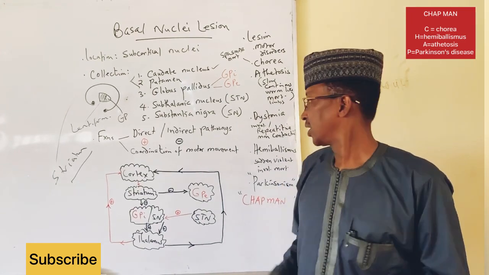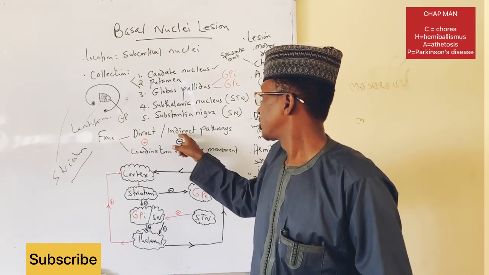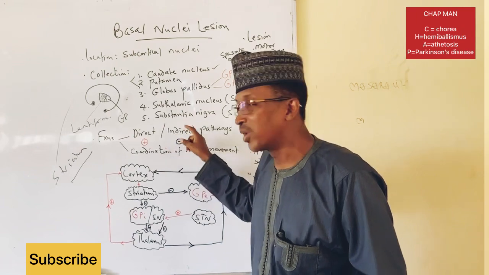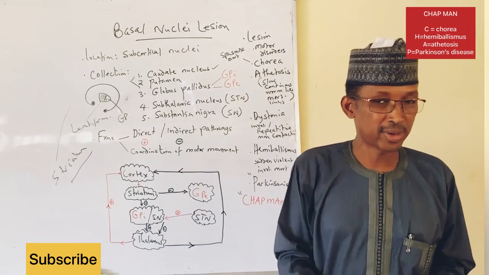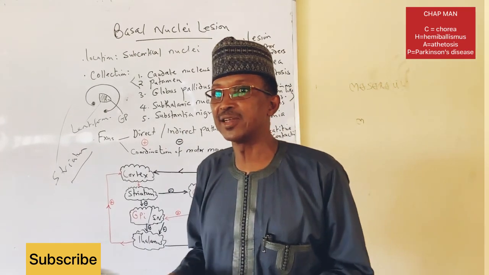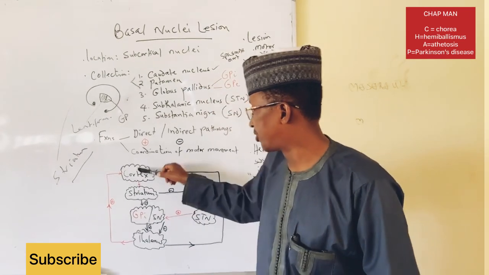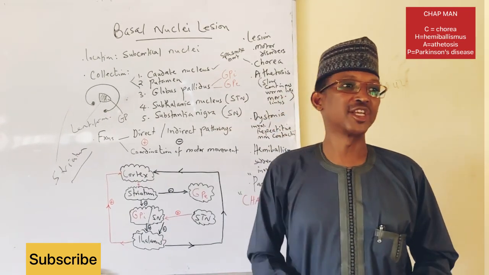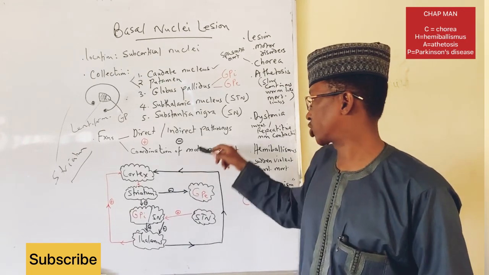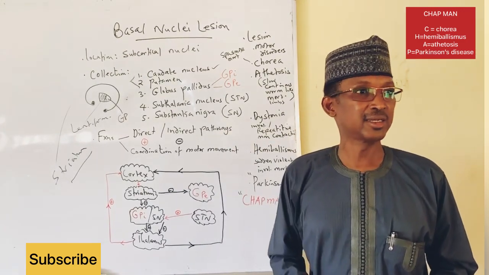You get it? Similarly, to regulate or stop unwanted involuntary motor movement is a function of the indirect pathway.